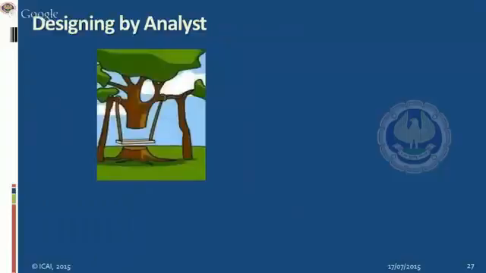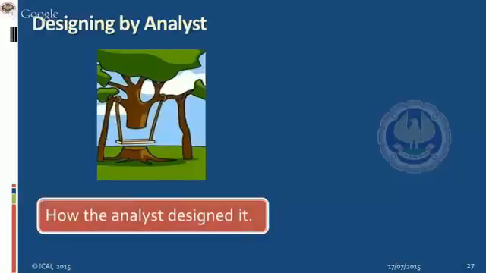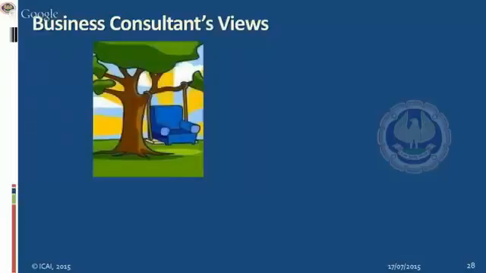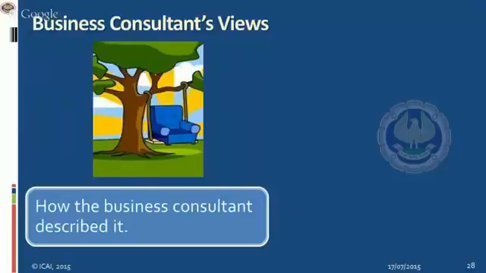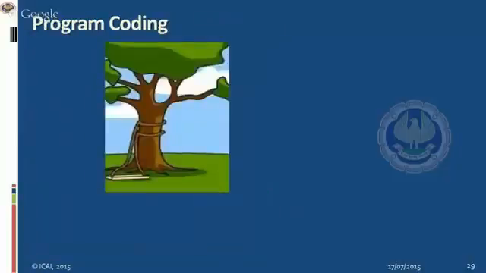The analyst understood it like this, and designed that there is a tree and there are 2 ropes, there is a parallel platform, and it will swing in this way. The business consultant understood it in this way. When it was time to code the program, it was coded in this way: there is a tree, there are 2 ropes, there is a horizontal platform, but it is not swinging at all.